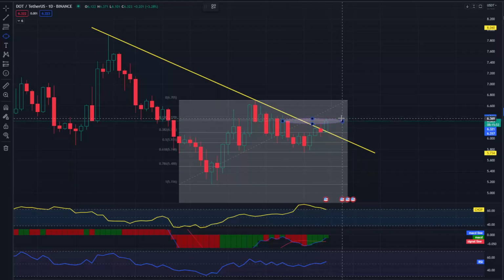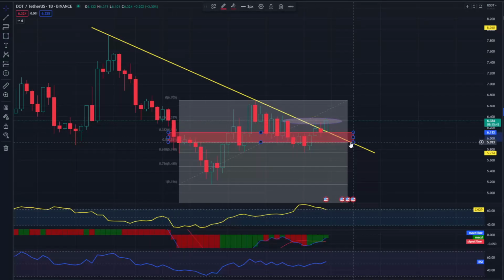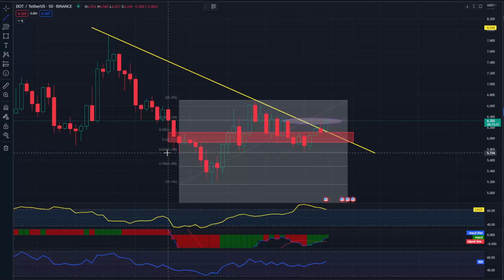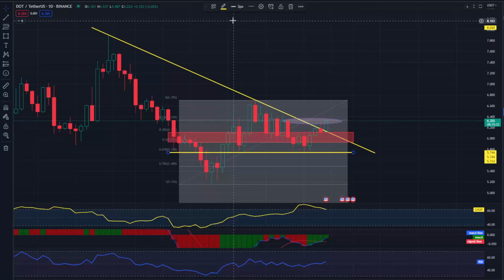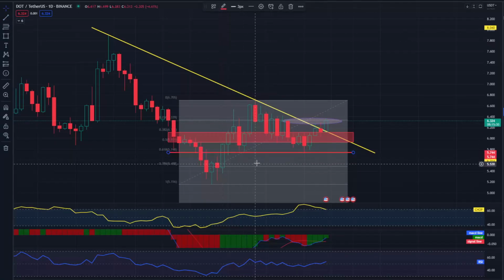And here we see that the price is just below the first support. Then we have a support zone from $6.11 to $5.93 in front of the price. Third support at $5.74, and then fourth support at $5.49.